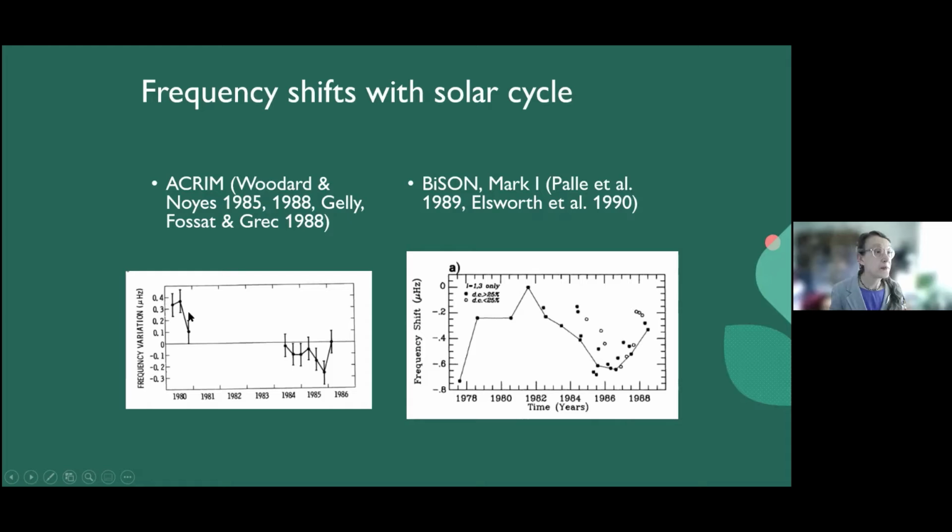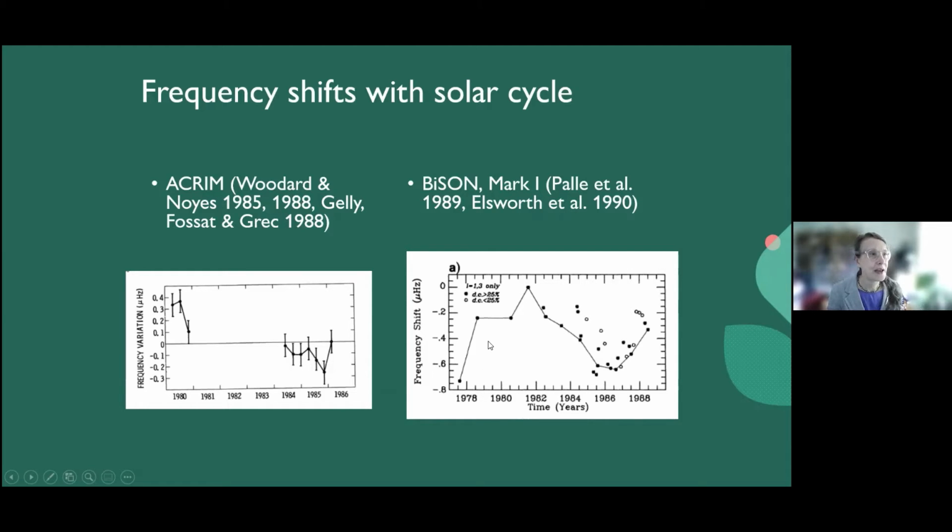From the peak of one cycle, you've got frequencies up here, and then the instrument broke, and a few years later they fixed it, and then they were in solar minimum, and the frequencies were noticeably, significantly lower, and the difference is about half a microhertz between maximum and minimum for low degree modes. So that was interesting, but because the instrument had broken in the middle, it was also slightly suspicious.